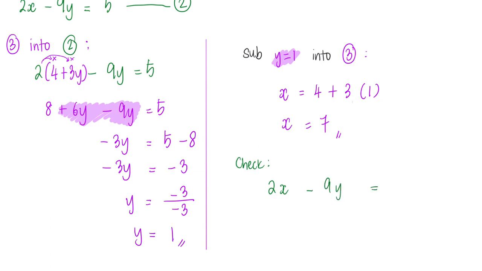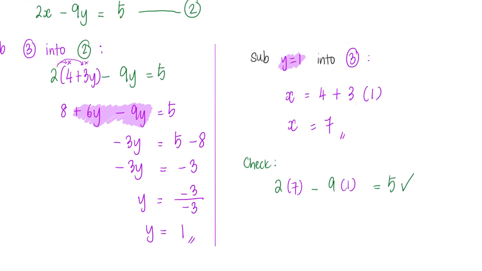In this case, I'm going to do a quick check. x is 7. y is 1. And what does this give me? This gives me 5. That means my answer is correct.